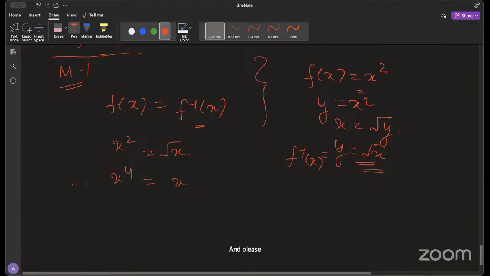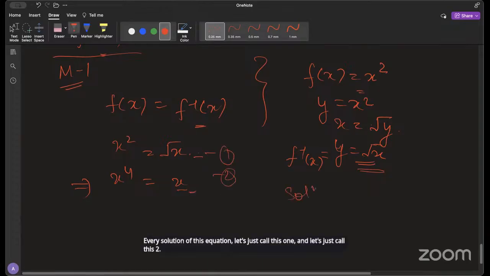Please note that all the solutions of the first equation are also solutions of the squared equation, but all the solutions of the squared equation are not solutions of the first equation. So you have to be mindful of the solutions that you get here. You'll have to put them in and check if they satisfy the first equation or not. Let's call this 1 and this 2.